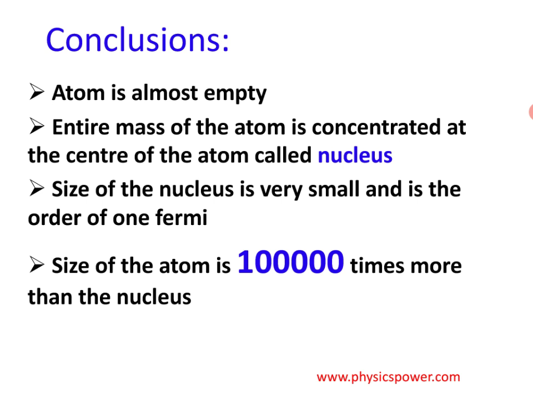If you multiply the nucleus radius by 10 to the power of 5, that is 1 lakh, you get the atom size. So as compared with nucleus size, atom size is 1 lakh times, 10 to the power of 5 times, more. That is his conclusion.